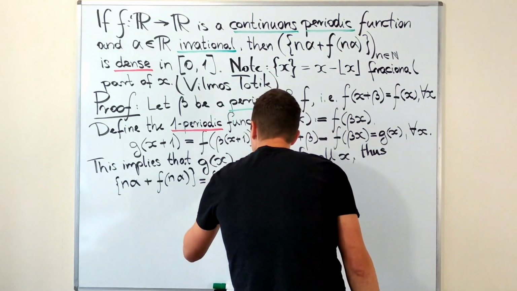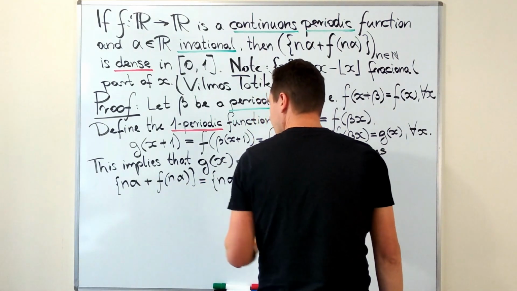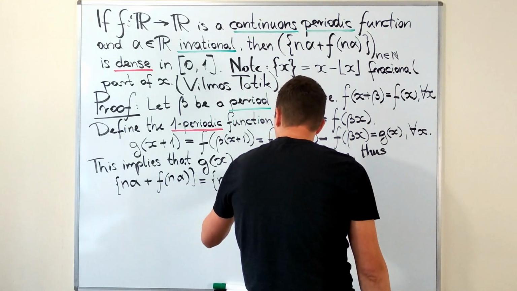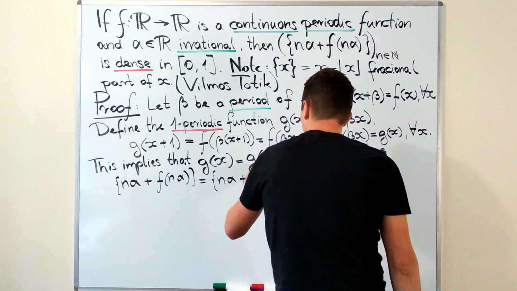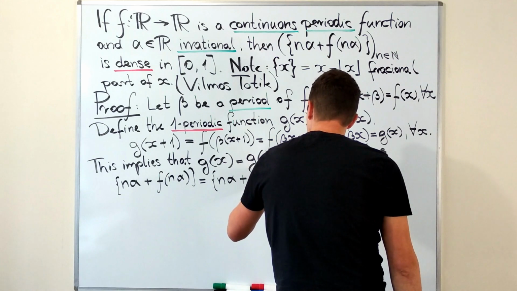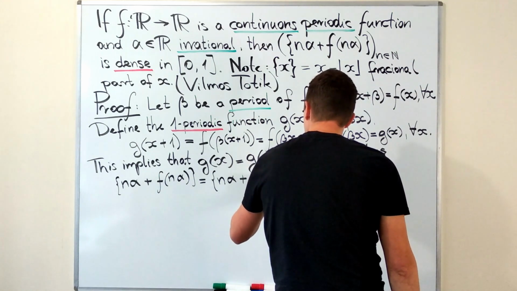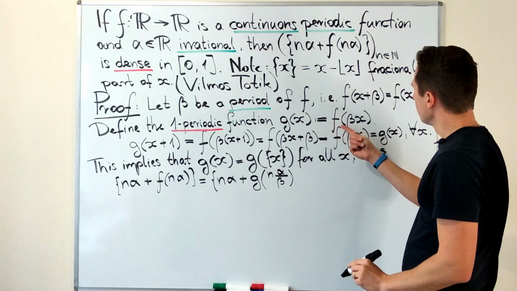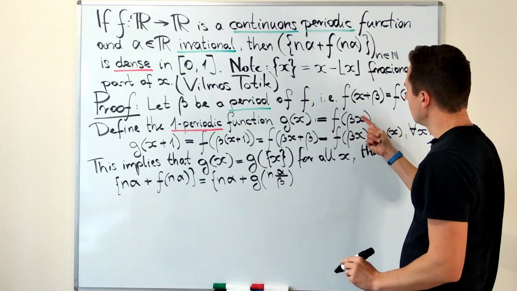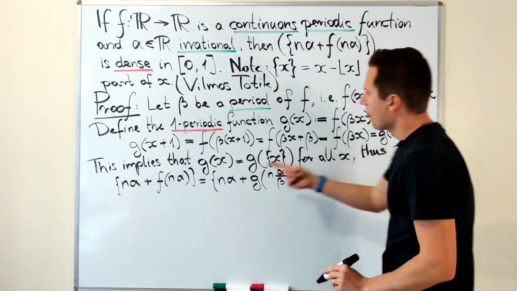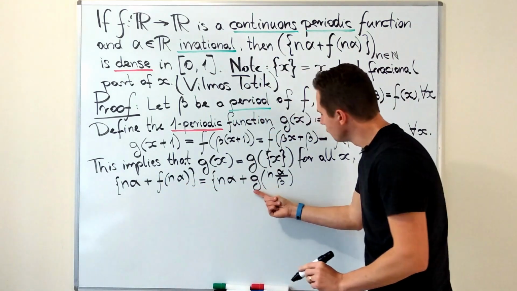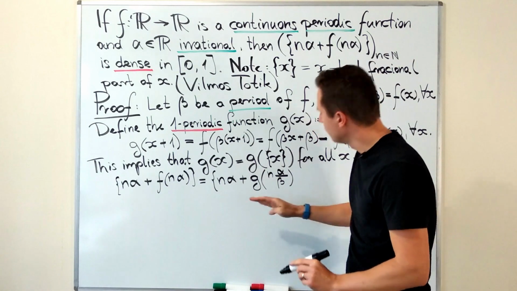It's the same thing as n times alpha plus g of n times alpha over beta. Since g of x is defined to be f of beta times x, that means that f of n times alpha will be g of n times alpha divided by beta.